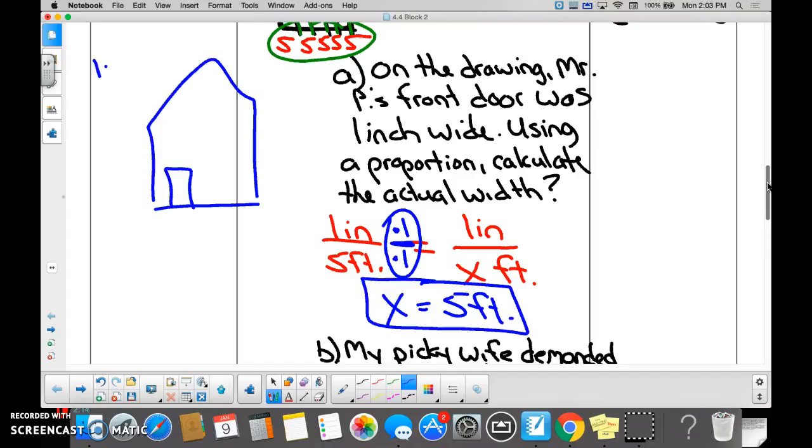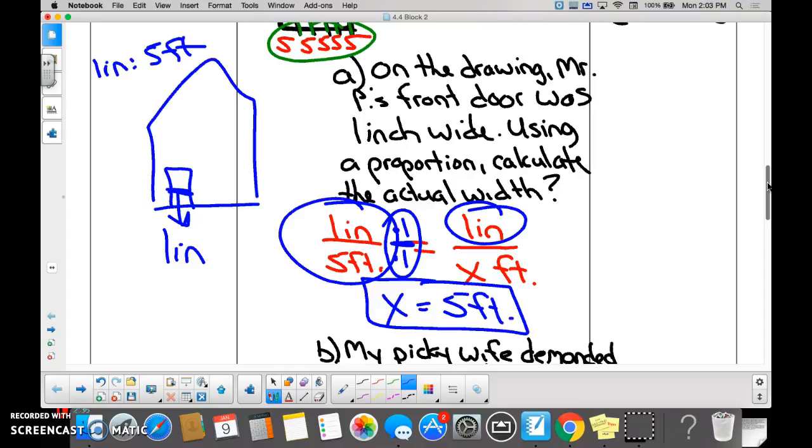He said 1 inch is 5 feet. So I took my ruler and I measured my front door across. Guess how far across it was? It was 1 inch across. So my front door is 1 inch across. So I know that 1 inch is 5 feet because my builder said that's how he drew his drawings. And I know that my front door, when I measured it, was 1 inch. The only thing I didn't know was what it was in feet.